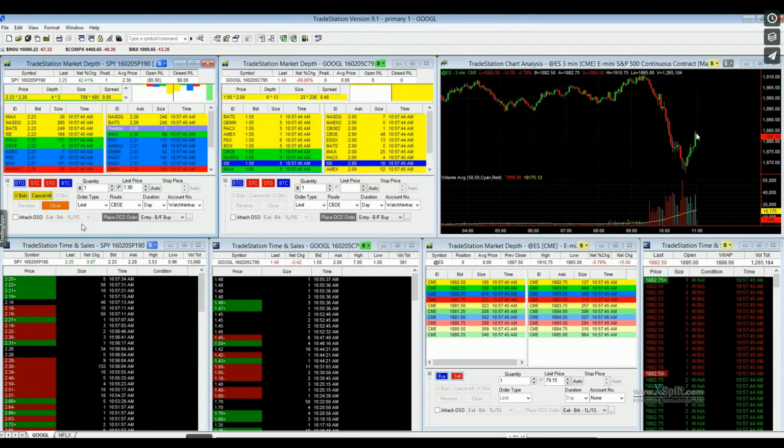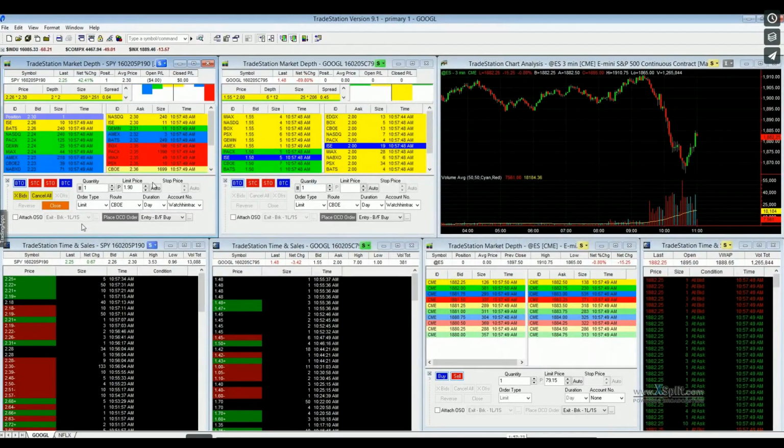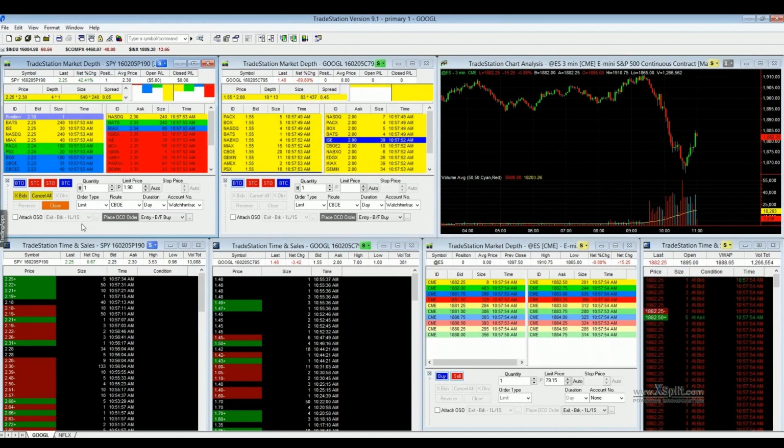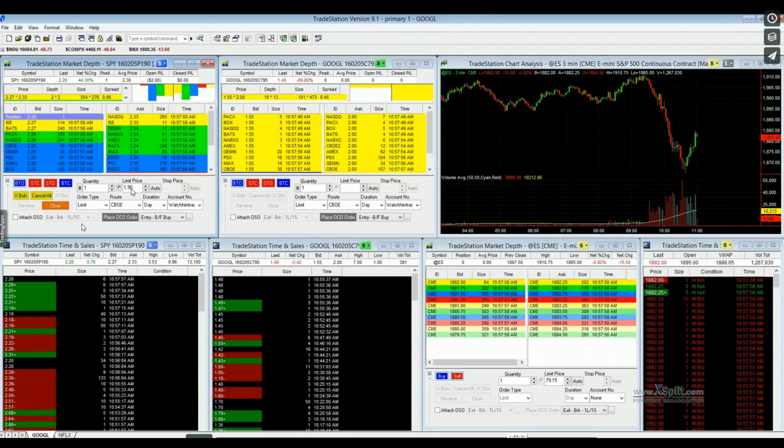So when we get this big pop higher here, that's when I take my first contract. I'm going to try and get another one, I believe. Maybe I only end up with one. Yeah, I think I only end up with one actually because I placed another bid at $2.10 that never ends up filling.